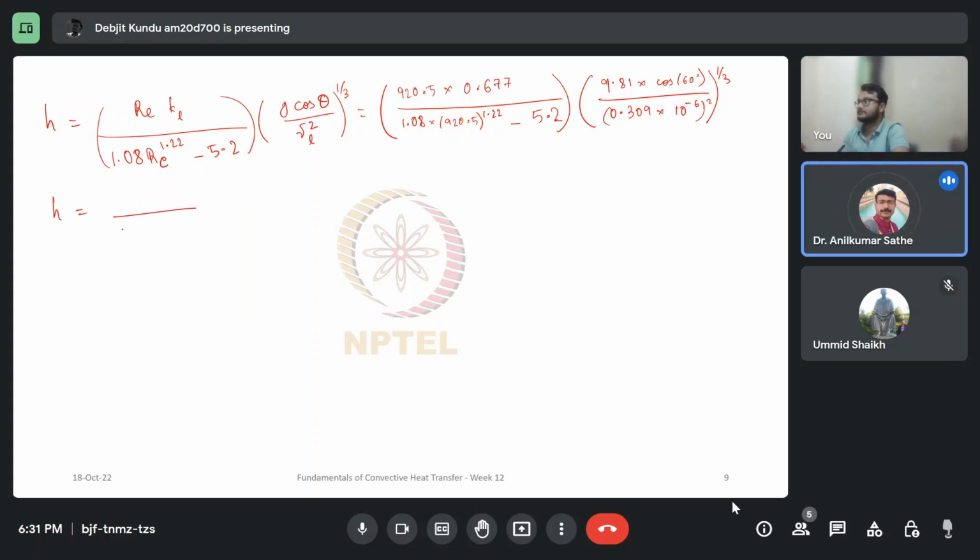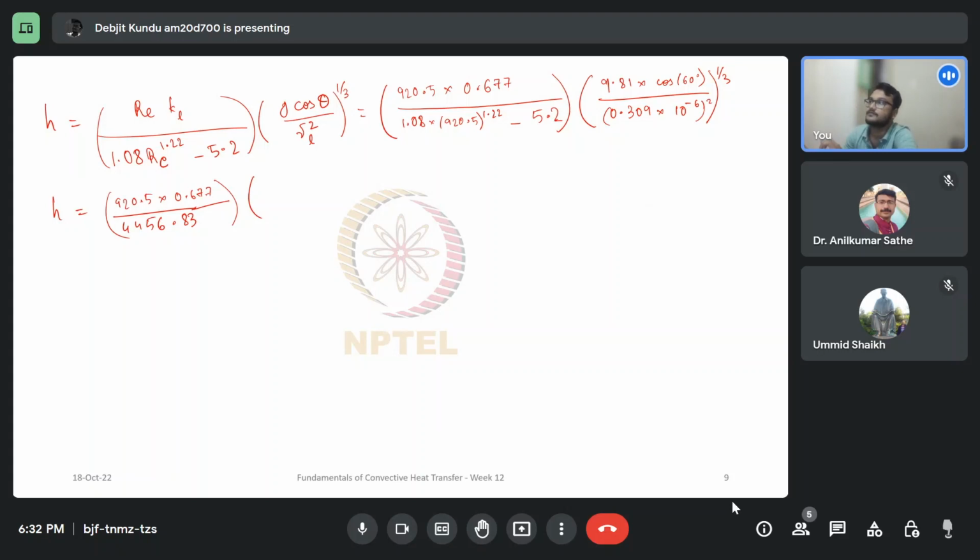So this one, 4456.85 into 0.677. And this one, if I try to calculate now, cos 60 is half, into 9.81, divided by 0.309 into 10 to the power minus 6 squared.